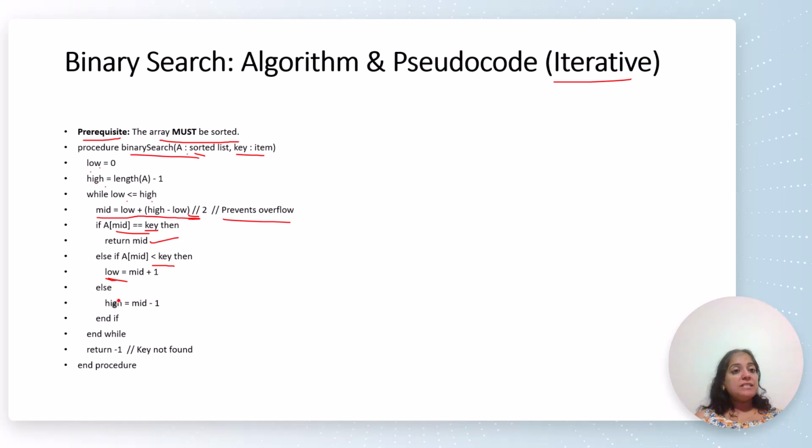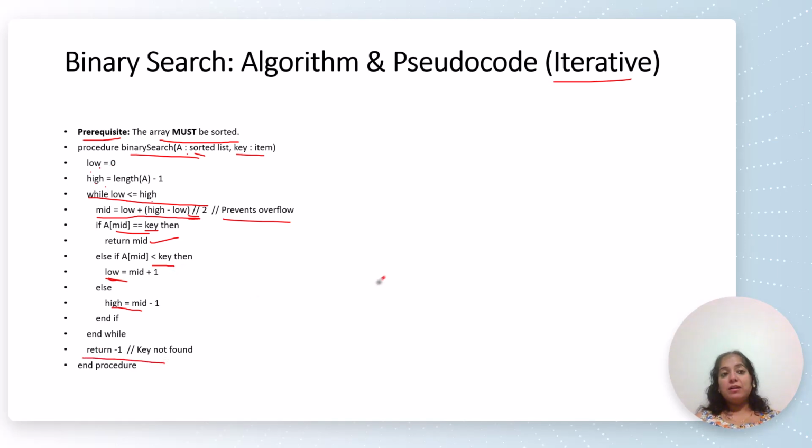Otherwise the element is present in the left half of the array, so we update the high index. We repeat the same process until the element is found. And if after the whole while loop the element is not found, you return -1.